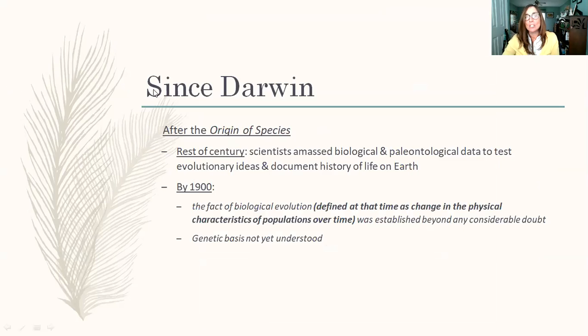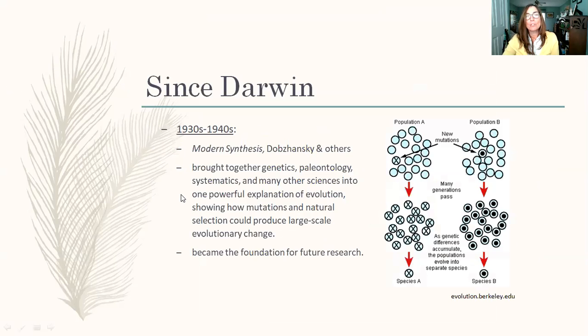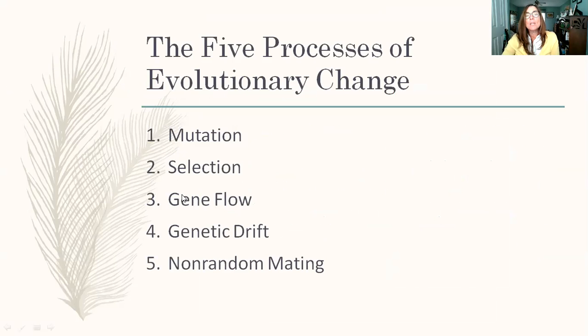You see a change in title here because this is everything that happened after Darwin. And then your book starts explaining the 5 processes of evolutionary change, and you can see selection is here. They are going to expound on Darwin's ideas, but first, they're going to talk to you about something Darwin didn't know, and that is how variations arose that selection could act on.